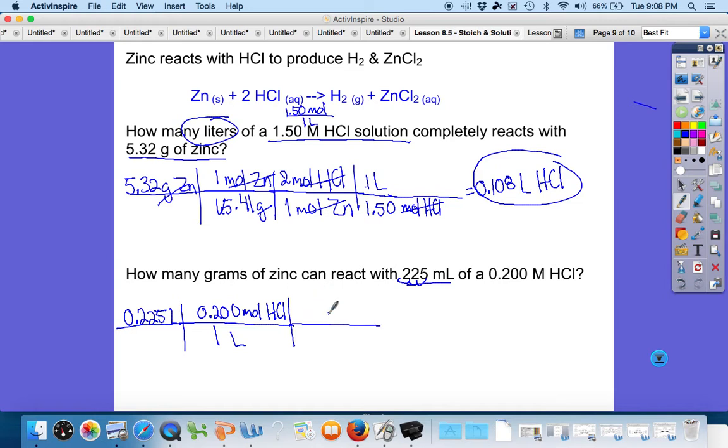And then we're going to use our mole to mole ratio. So we have 2 moles of hydrochloric acid in our equation. And we have 1 mole of zinc. And then to go from moles to mass, we need our molar mass of zinc, which is 65.41.